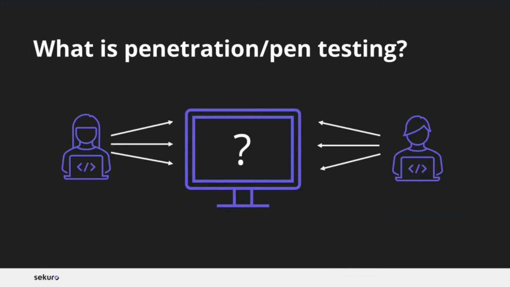Pen testing at its core involves executing security-specific tests against different resources using automated and manual techniques. These resources can be internal, they can be external, they can be a whole range of different things like mobile applications, web applications, APIs, Active Directory, different system configurations, a whole suite of different things.